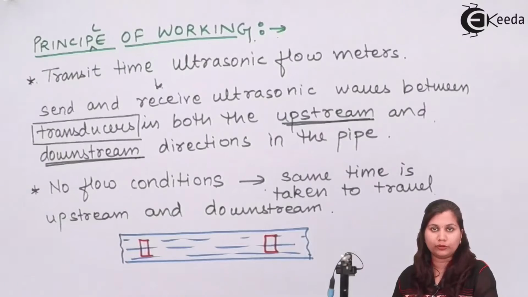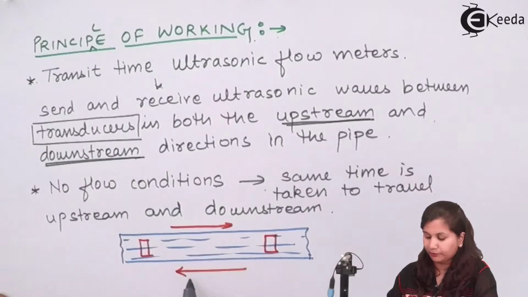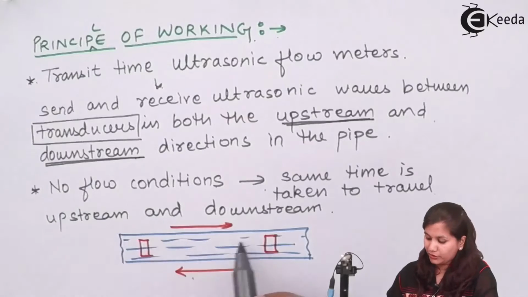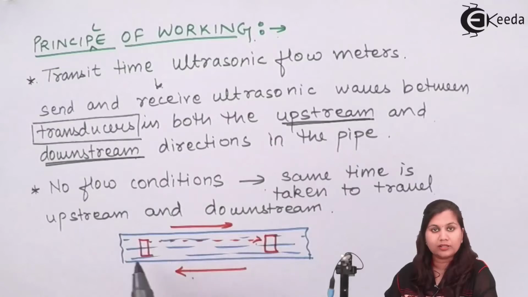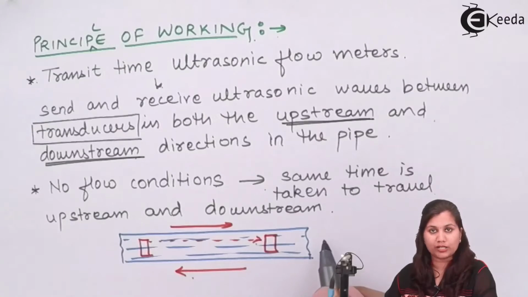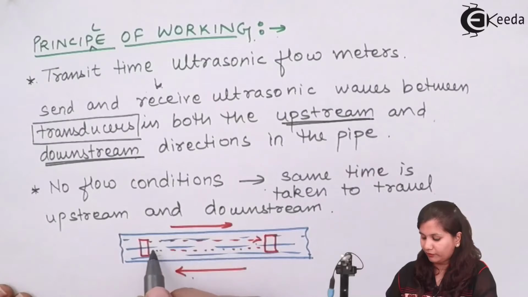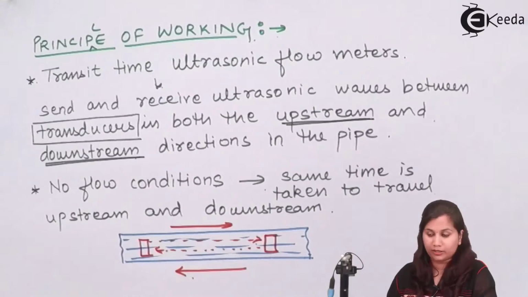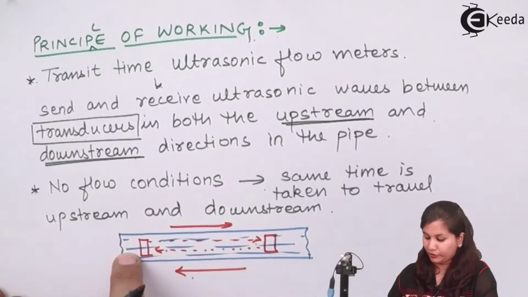So this is upstream and this is downstream. These transducers are going to send the ultrasonic waves. Transducer 1 is going to send the ultrasonic waves to transducer 2, and transducer 2 is also sending the ultrasonic waves to transducer 1. So this is the upstream calculation and this is the downstream calculation.